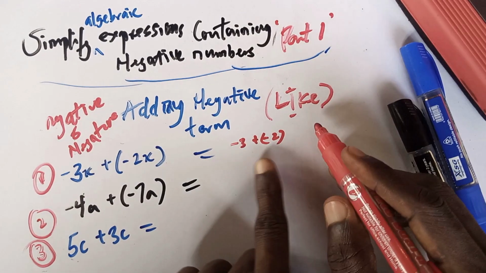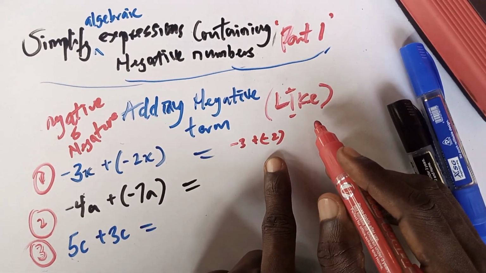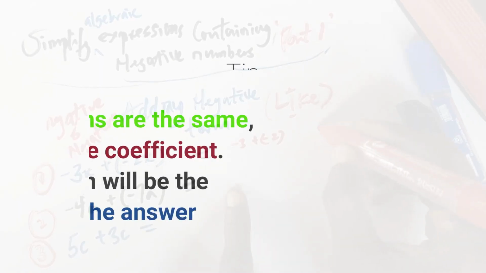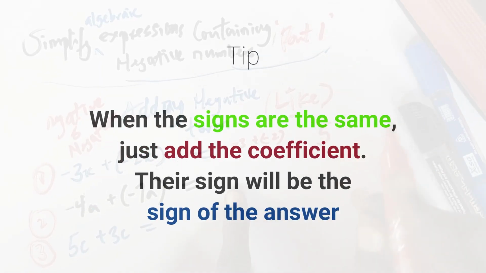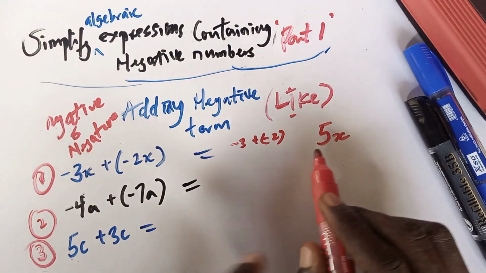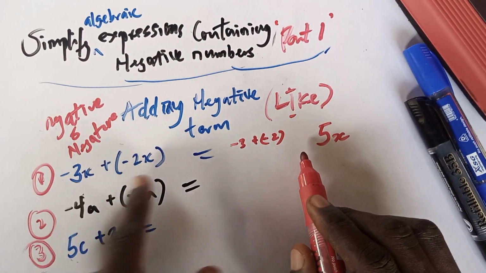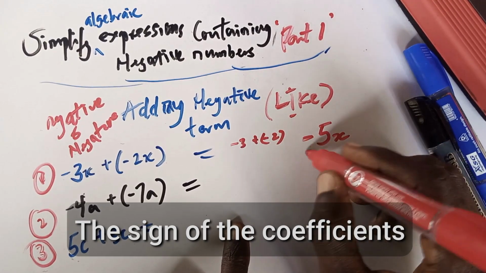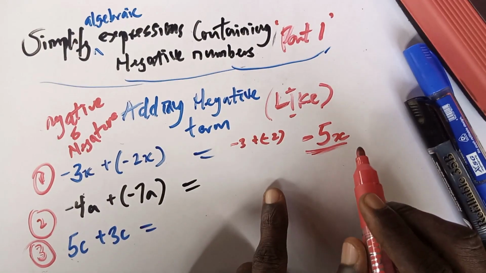Whenever you see an expression like this, when their signs are the same, you add them together. That will be 5, and as x is the variable, you put x here. When the signs are negative and negative, you add them together, and the sign will be the sign of the coefficients, which is minus. So the answer for this one is minus 5x.